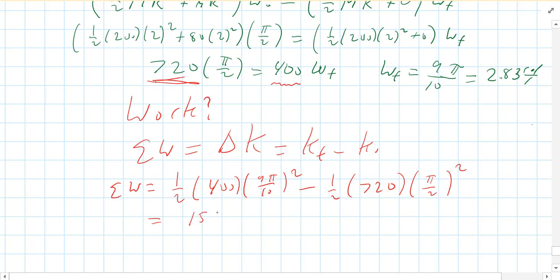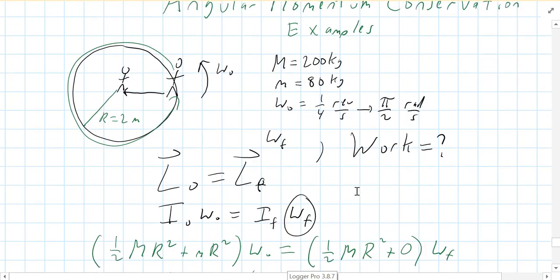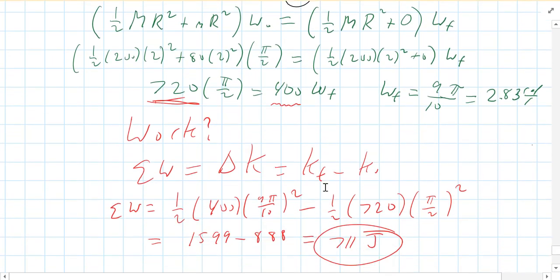I plugged my numbers into the calculator and got 1599 minus 888, which is 711 joules. So that's how much work it took for you to pull yourself from the rim of the merry-go-round toward the center. Okay, so that's my one mathematical example on this.